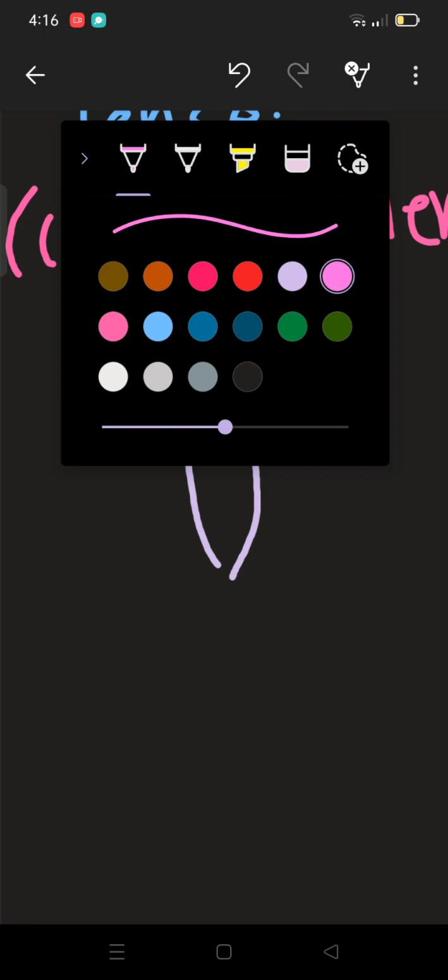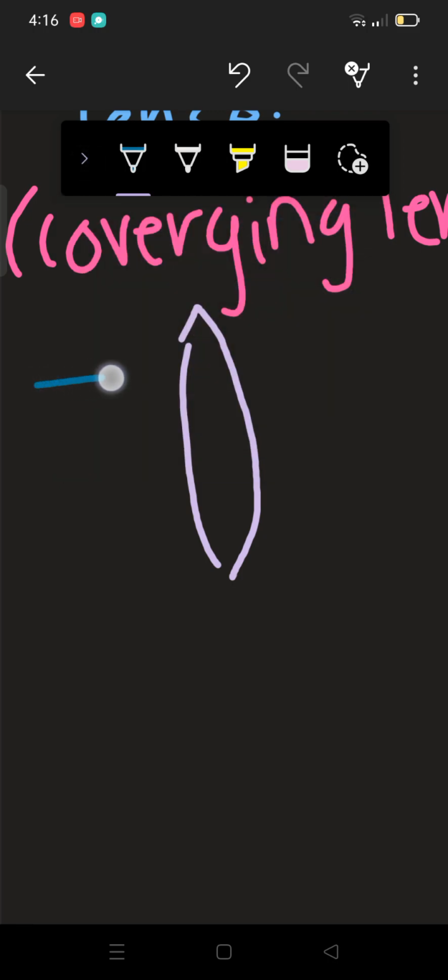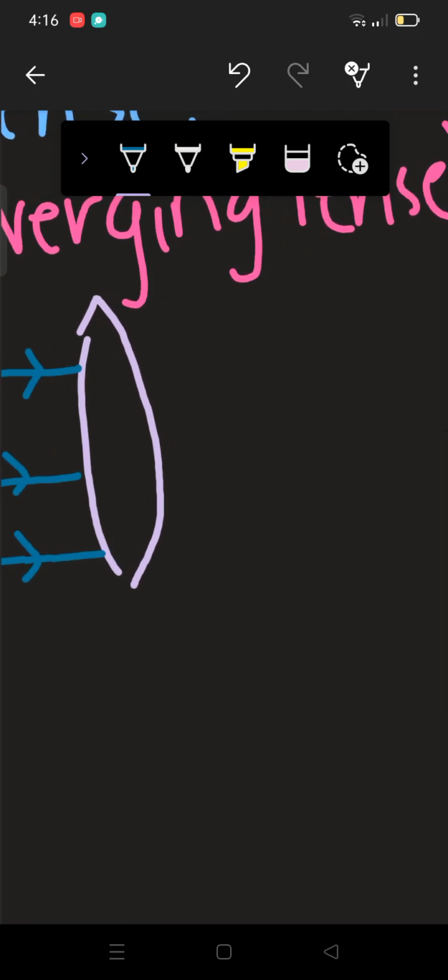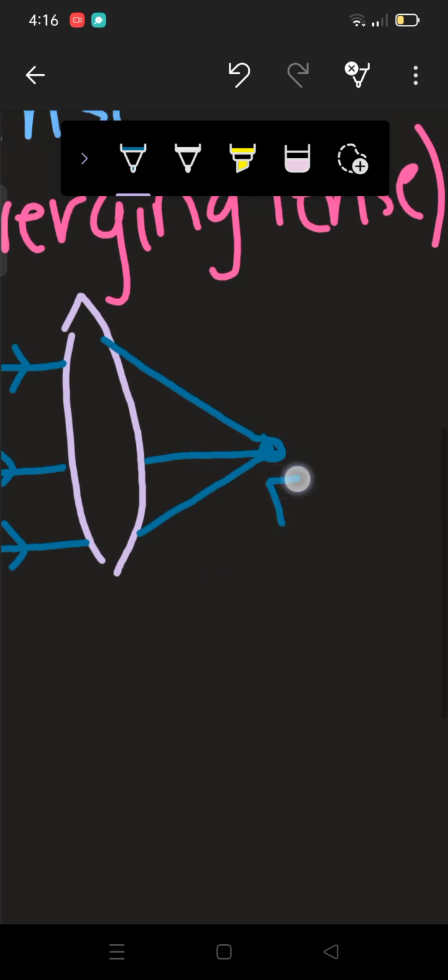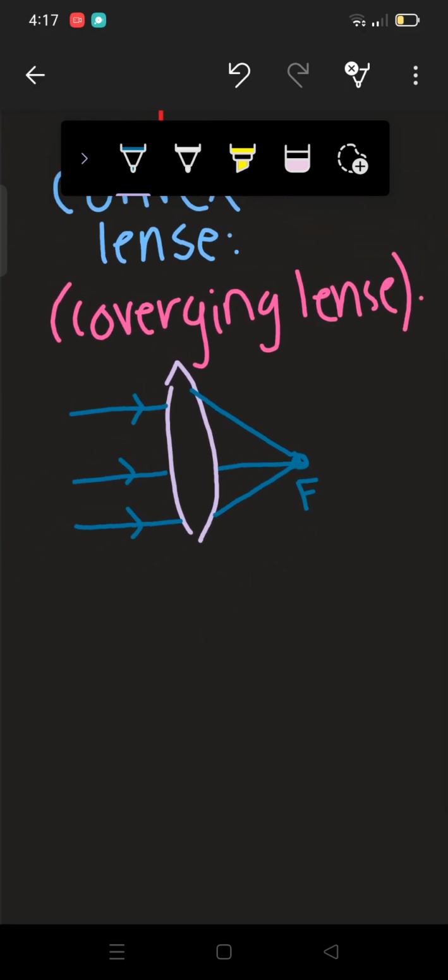This is just an example. If the object is placed at infinity, the lines are parallel, so the rays will always go to the focal point. All lines converge here. So a convex lens converges parallel rays of light, hence it is known as a converging lens.